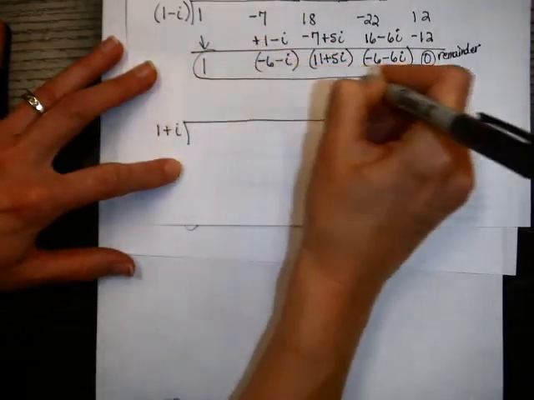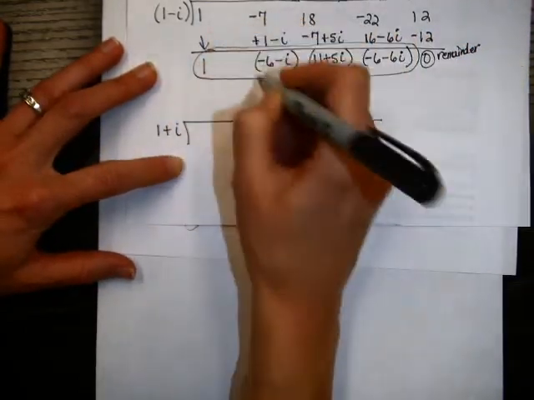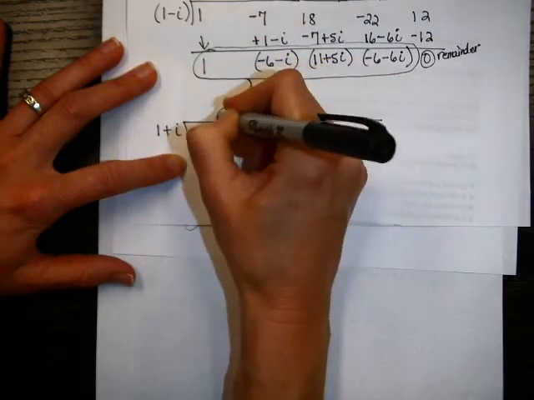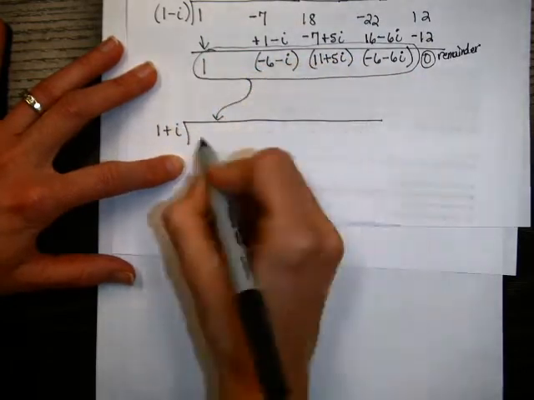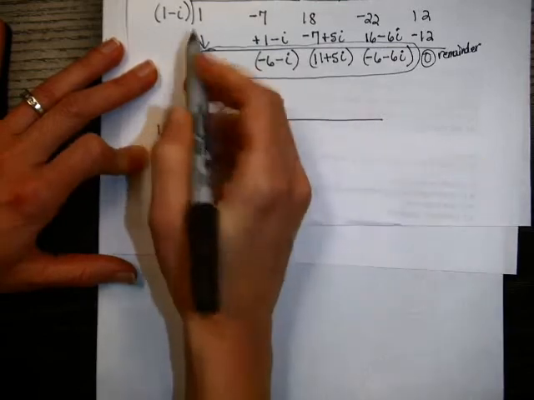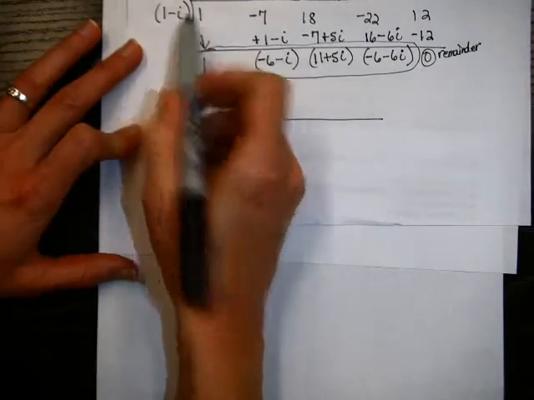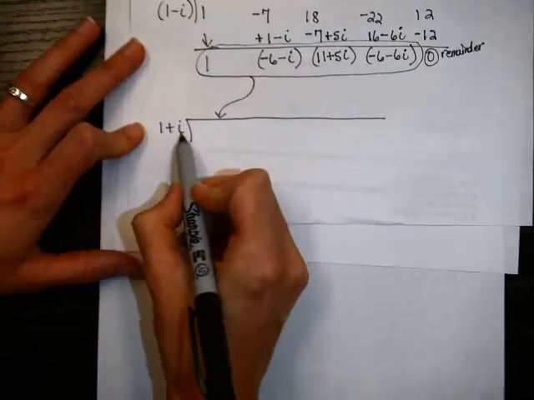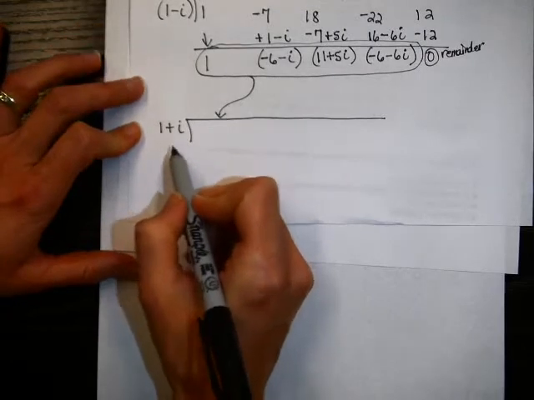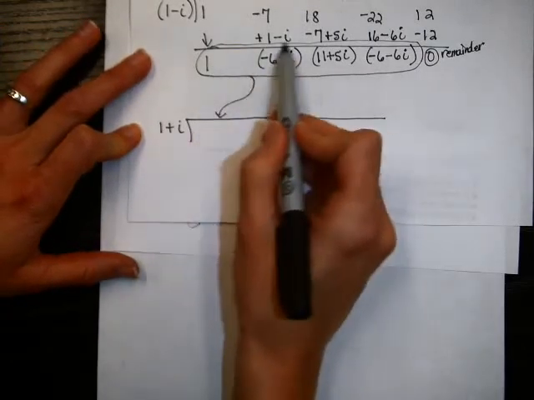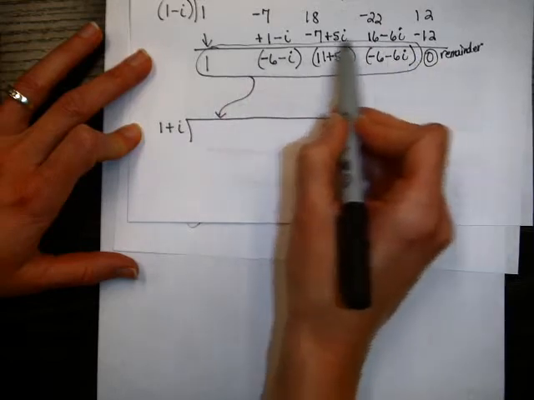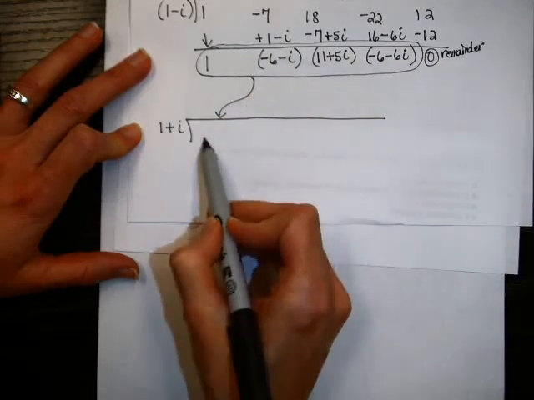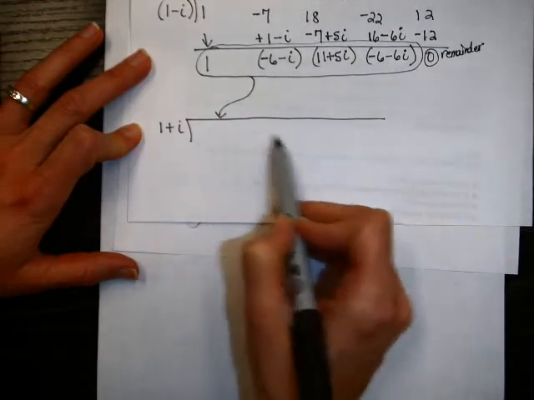The result I got when I did my first synthetic division, that's what will go inside the house on the next step. So I went from 1 minus i that was given; the conjugate of that is 1 plus i. That's what should go outside the house next. And then whatever result I got when I did my first synthetic division, that's what's going to go in here as my coefficients inside the house.